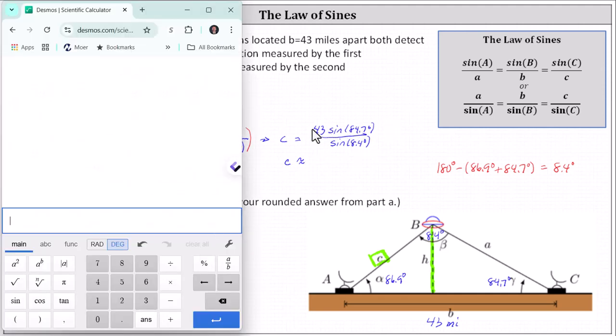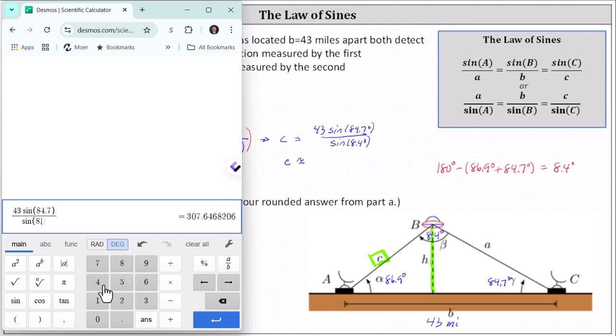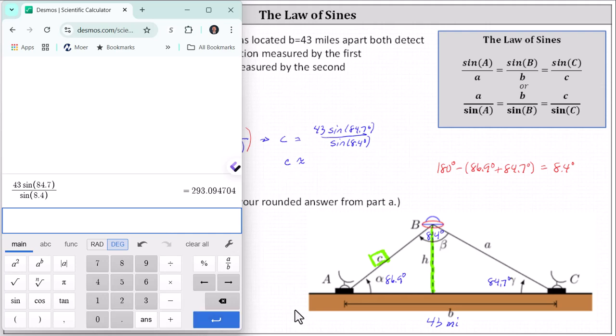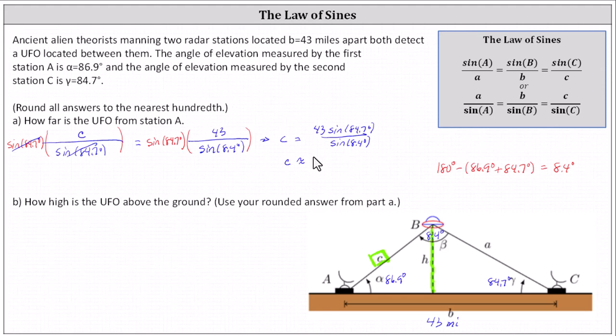With the calculator in degree mode, we enter 43 sine 84.7, close parenthesis, divided by sine 8.4, enter. To the hundredths place value, we have 293.09, which indicates the UFO is 293.09 miles from station A.